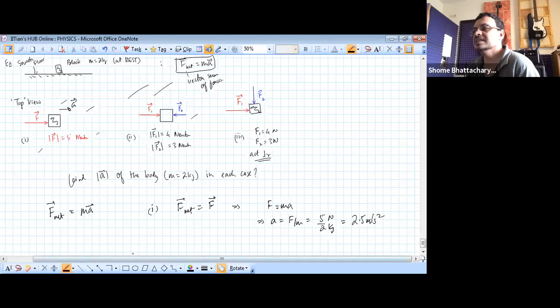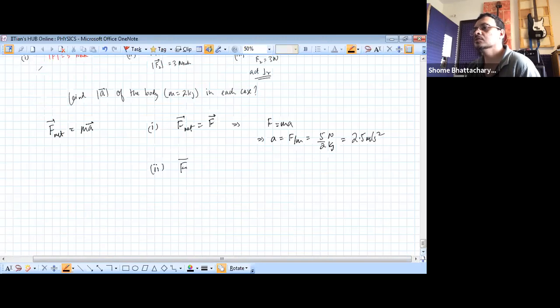Same force. In the second case, the net force will be the vector sum of F1 plus F2, and the angle between them is 180 degrees.